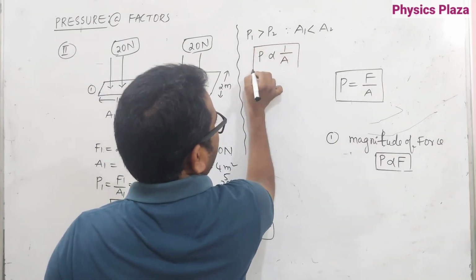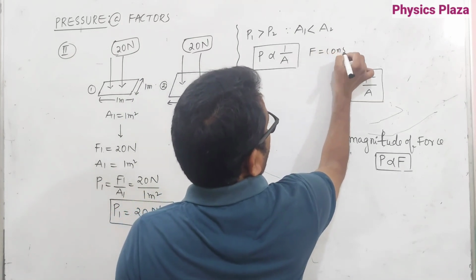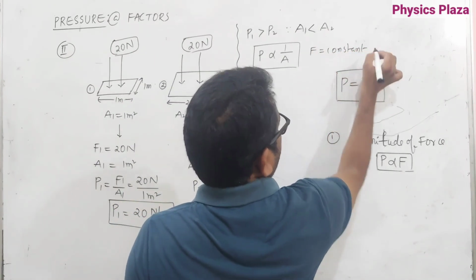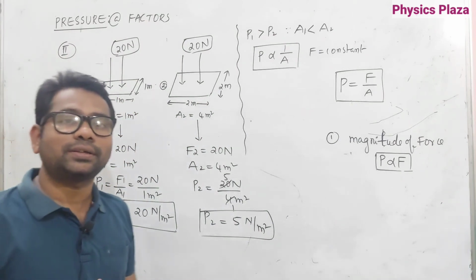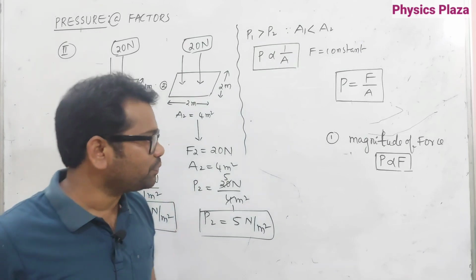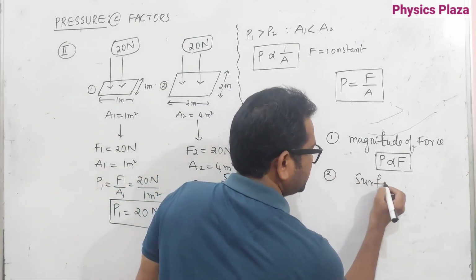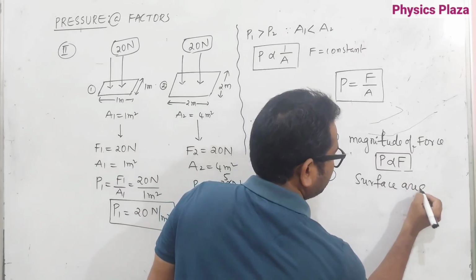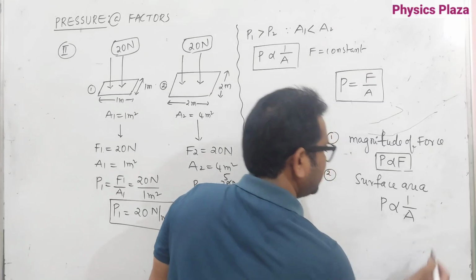Children, very important: when force remains constant. So what is that second factor? Yes, surface area. Let us write here: surface area. Pressure is inversely proportional to the surface area.